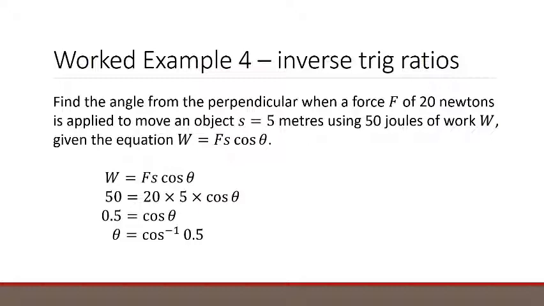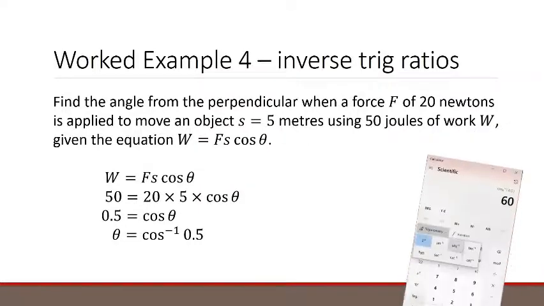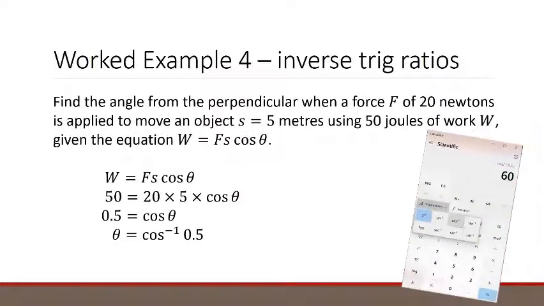And we can't do that without a calculator. So on the calculator, make sure you know how to find the inverse cos of a number. And it may mean using a button that's a second button, simply called second, or a shift, but it looks like that, cos to the -1. And when you use the calculator, you find that the answer is 60 degrees.